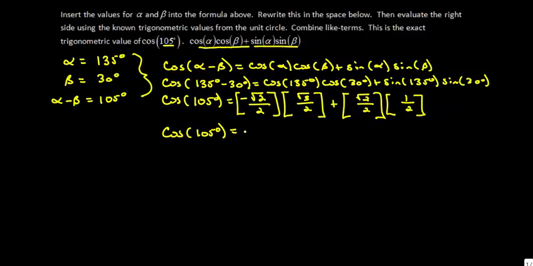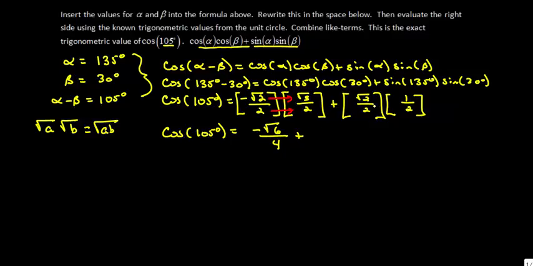So the cosine of 105 degrees will be equal to, now you want to multiply fractions top by top, bottom by bottom, numerator times numerator, denominator times denominator. So this will give me negative square root of 6 over 4. So 2 times 3, so a side note, if you have the square root of a times the square root of b, you can put them together to be the square root of a times b, like that.